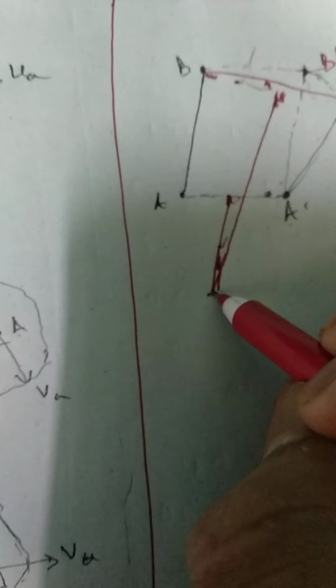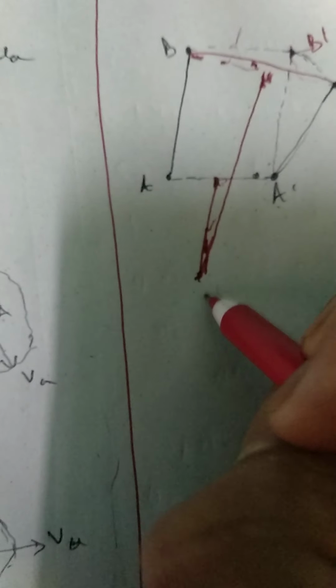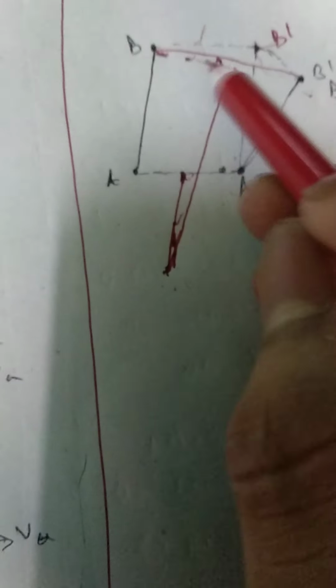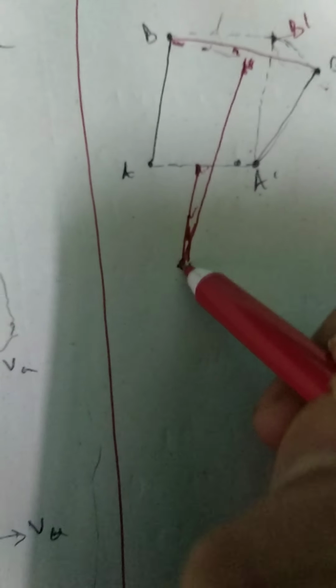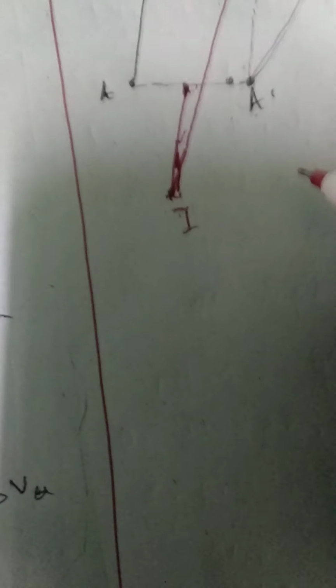Now suppose they meet at this point. The right bisectors of these two chords will meet at this point, which is denoted by I. Now this I is the instantaneous center of rotation, or the virtual center of the link AB.